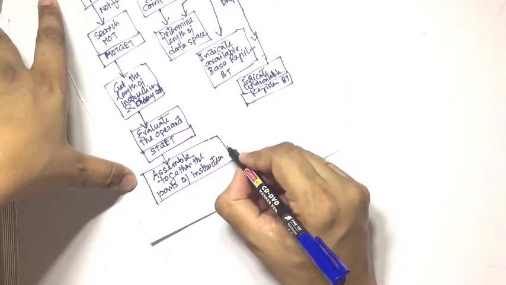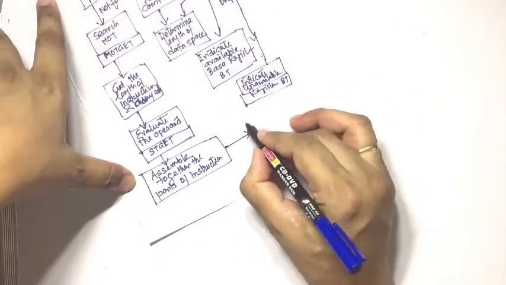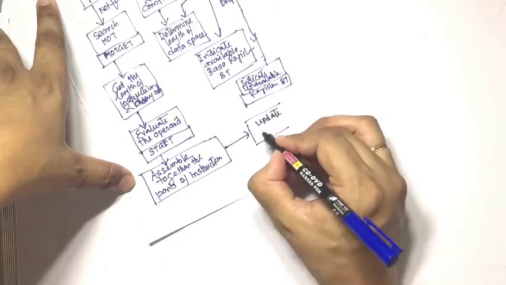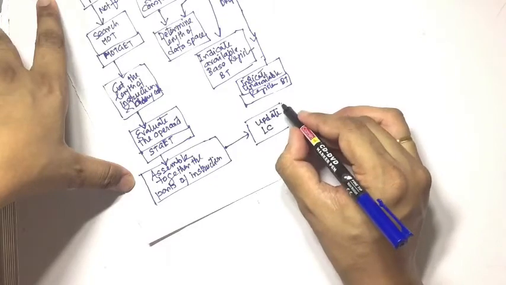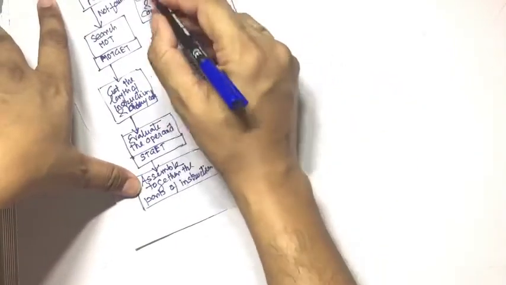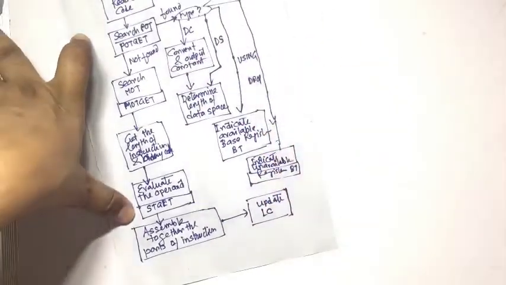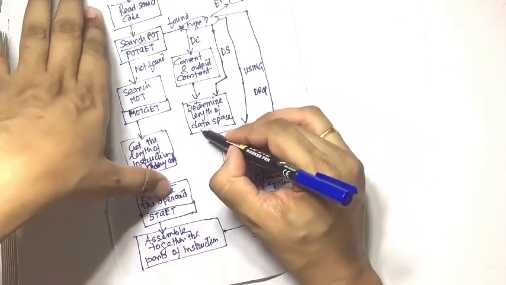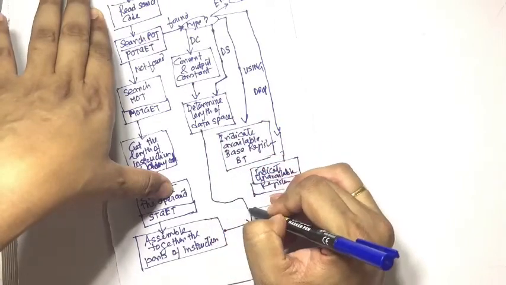Then we have to update the LC for the next line. Every time we read an instruction from the assembly code, it is updated after getting the result of that execution. When we check there is any DC statement, then it goes to update PC.